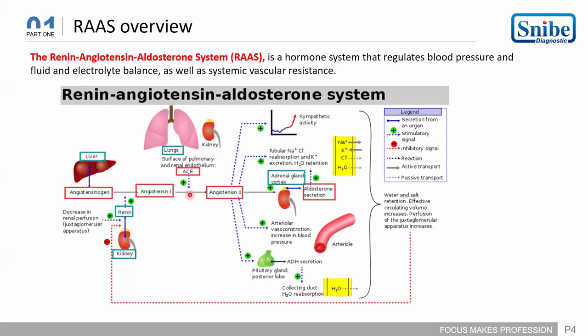You can see that when angiotensin 2 is present, it also maintains sympathetic activity. It maintains tubular sodium reabsorption, potassium excretion, and water retention as well.